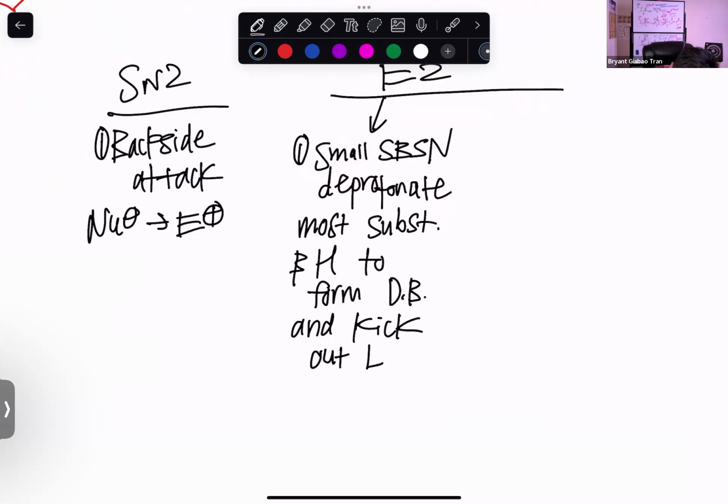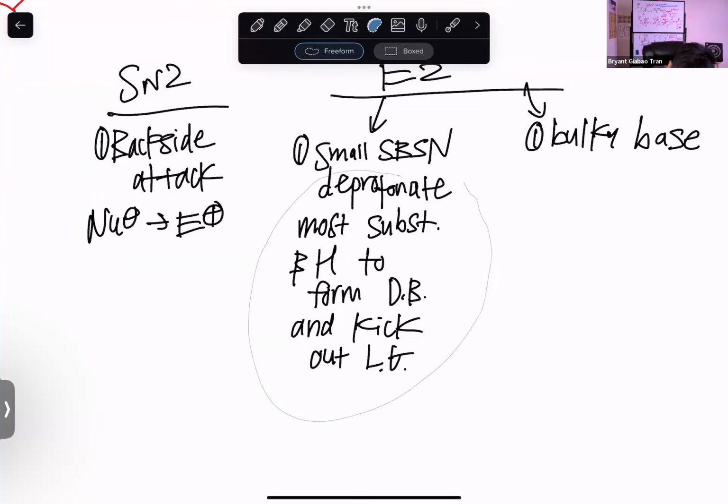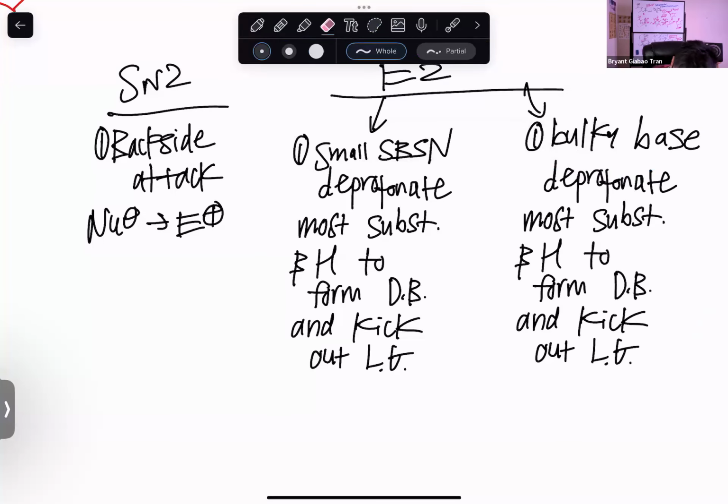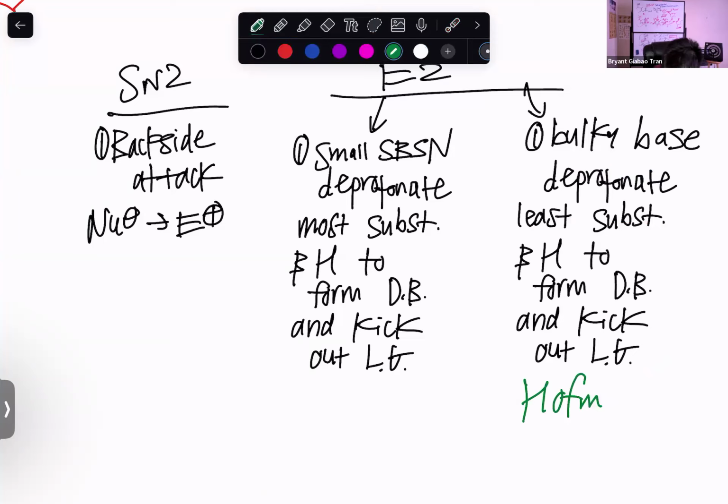For E2, if you have a bulky base, then it deprotonates the least stable, least substituted beta hydrogen, because it's so bulky that it can only grab the one with the most space, which is the least substituted beta hydrogen, which would form the less stable double bond, giving you the Hofmann product.